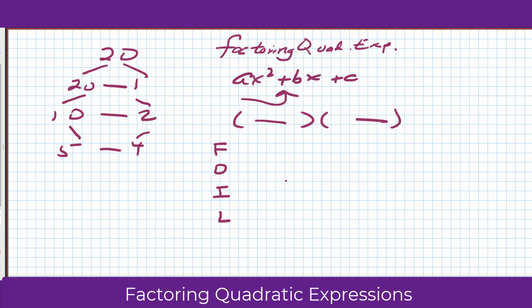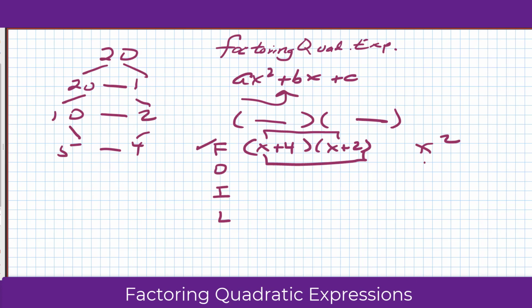When we have two binomials, for example, x plus 4 and x plus 2, with the FOIL method we multiplied the first numbers together, x times x, that got us x squared. That's the first. Then the outside, x times 2, gets us 2x. Then the inside numbers, 4 times x, gets us 4x.